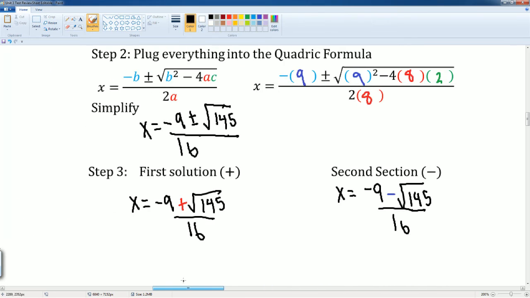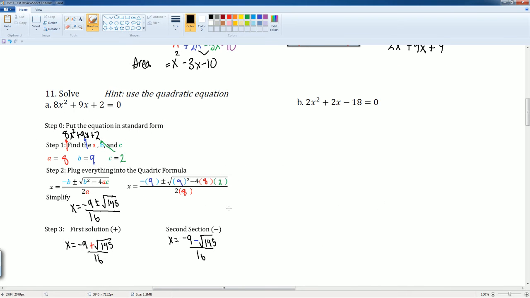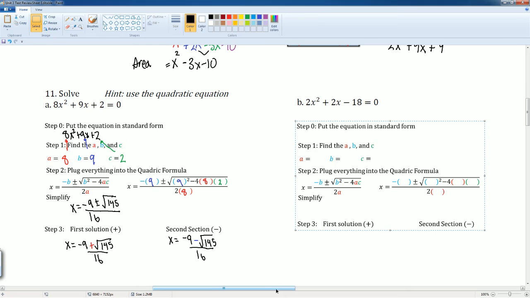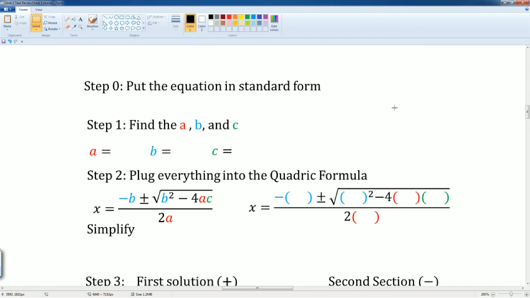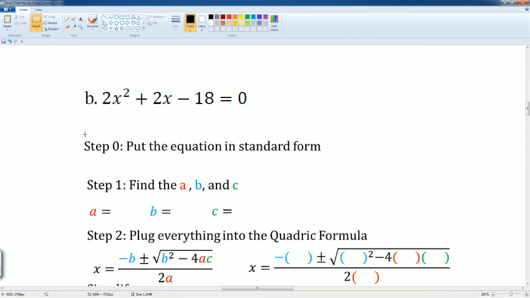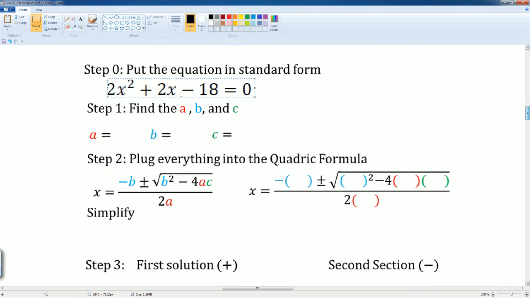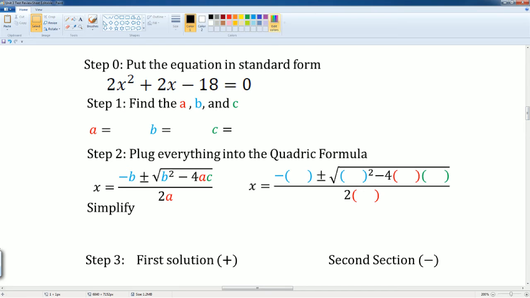So let's do part B here. Let me just grab another template to use. There we go. We have the steps: step 0, step 1, step 2, and step 3. Our life is actually made easier because it looks like it is already in standard form, so we can automatically go to step 1.